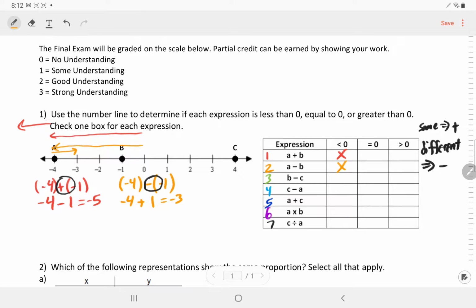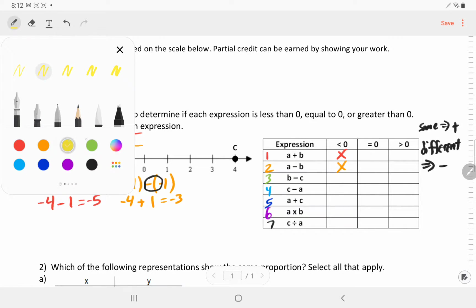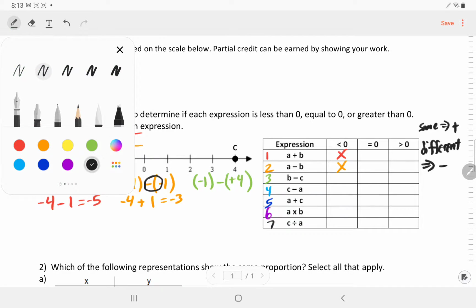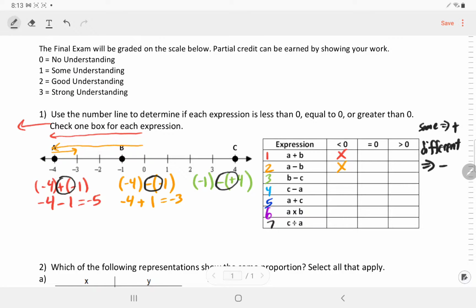For our next problem, b minus c. So b is negative 1. And c is positive 4. So pay attention to the signs in the middle. We have a minus positive. Those signs are different.